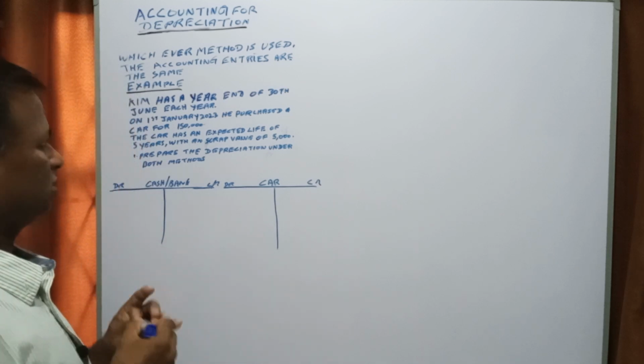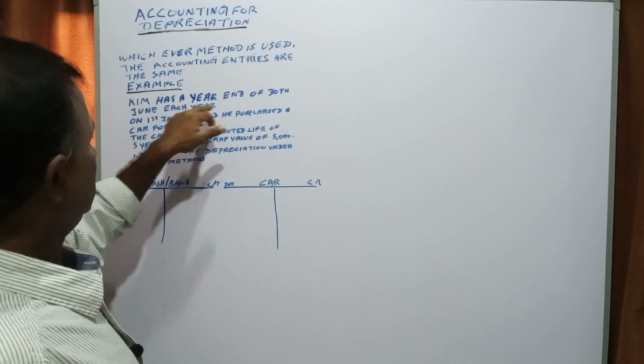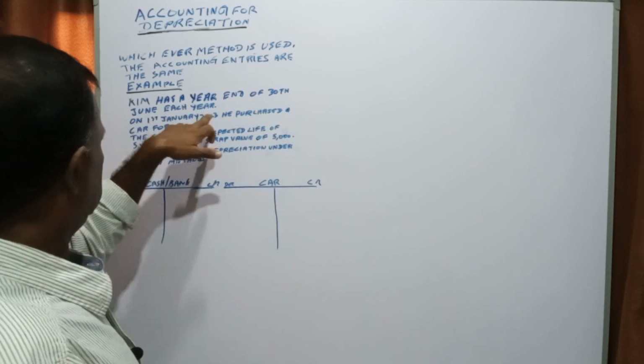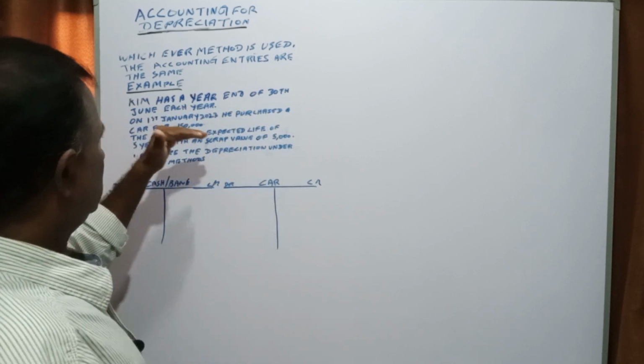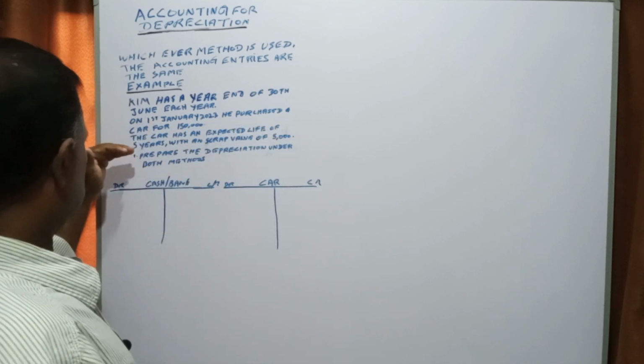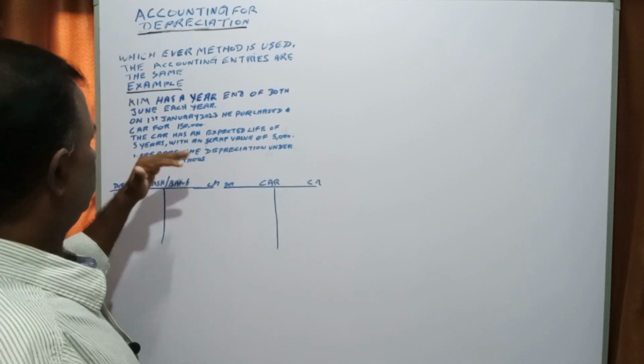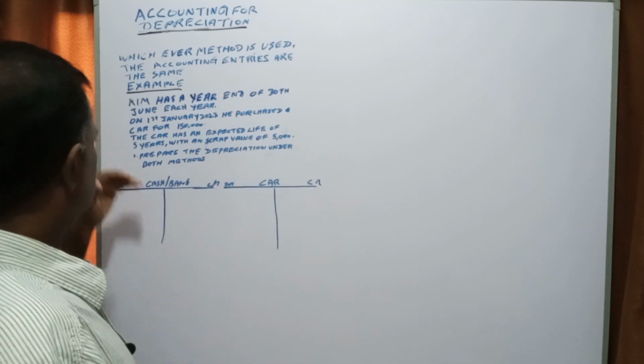First of all, we read the whole example. Kim has a year end of 30th June each year. On the 1st of January 2023, he purchased a car for 150,000. The car has an expected life of 5 years with a scrap value of 5,000.